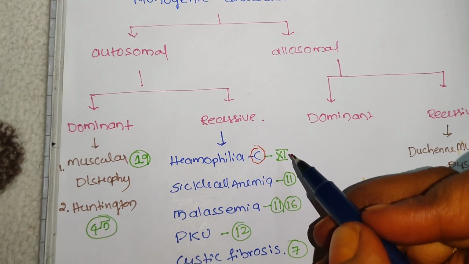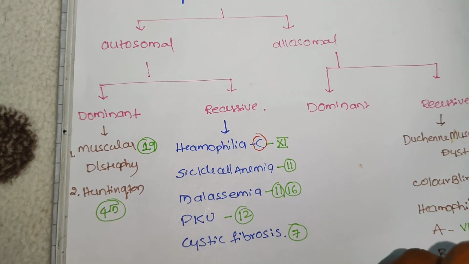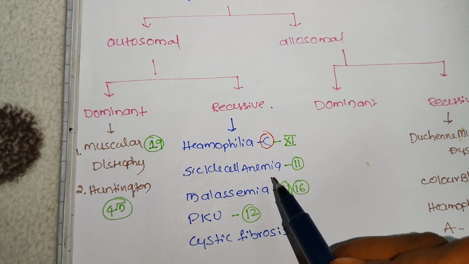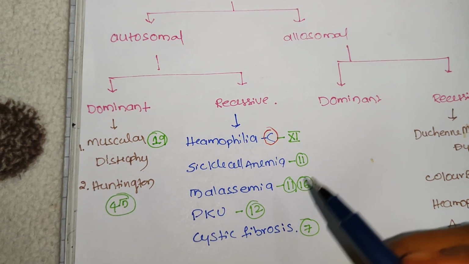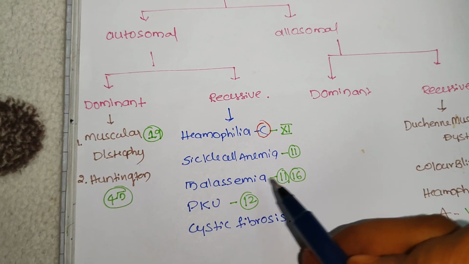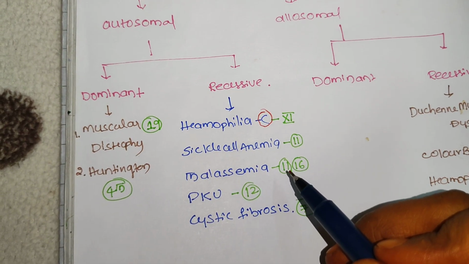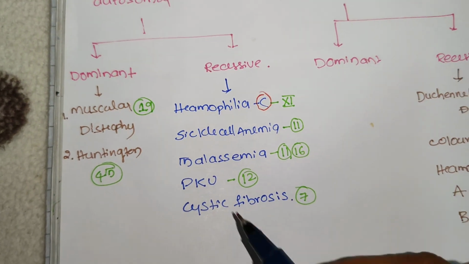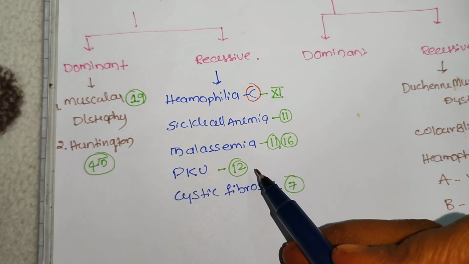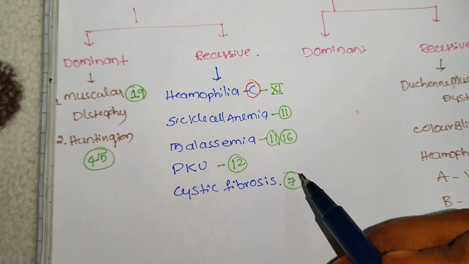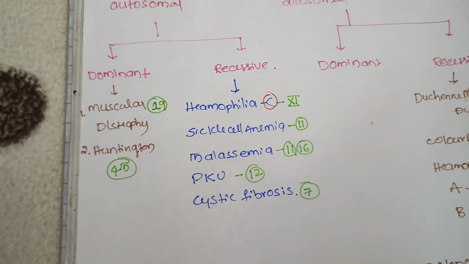That is blood clotting factor 11 deficiency. Sickle cell anemia is on chromosome 11. Thalassemia has alpha and beta chains, and the chromosome numbers are 11 and 16. Phenylketonuria is chromosome 12. Cystic fibrosis is chromosome 7.